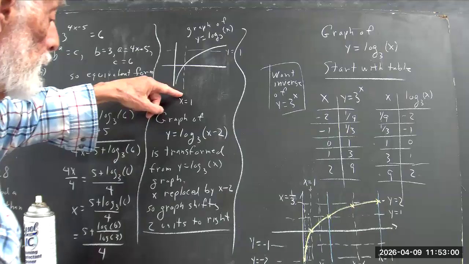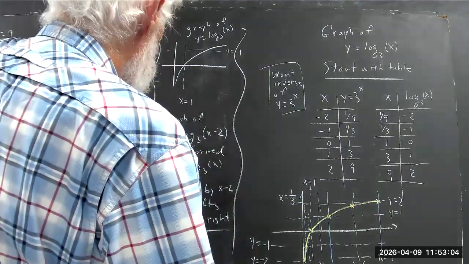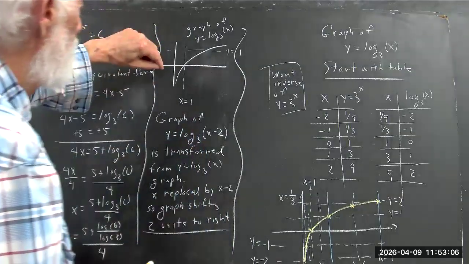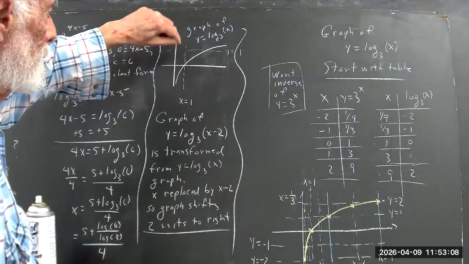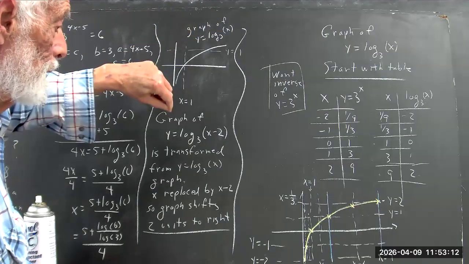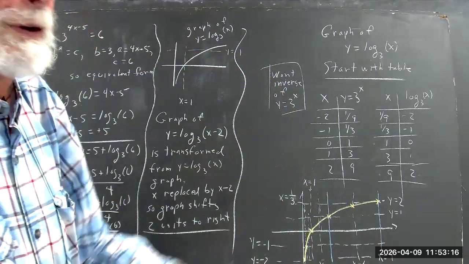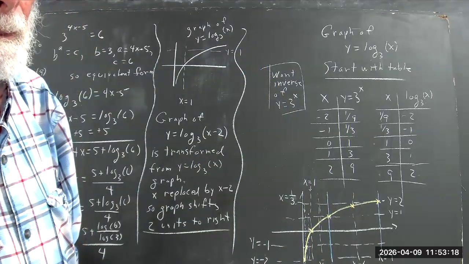Now, if x equals 1 here, the vertical asymptote of the log base 3 graph is the y-axis, and that's going to shift. The vertical asymptote is going to shift 2 units to the right.